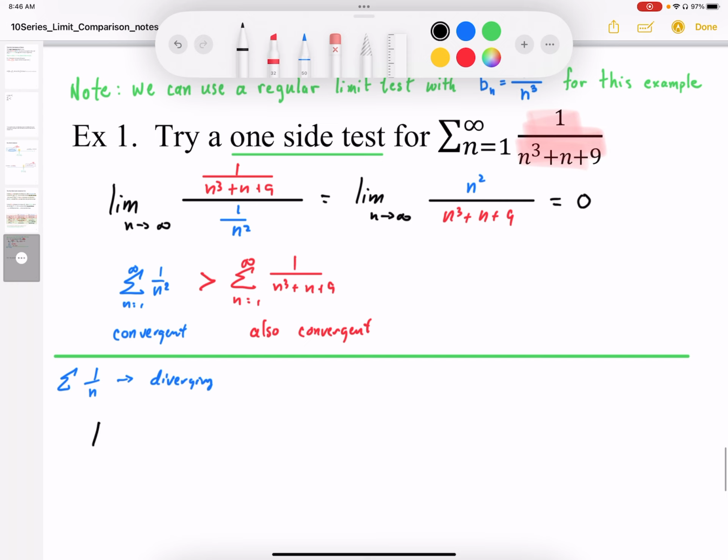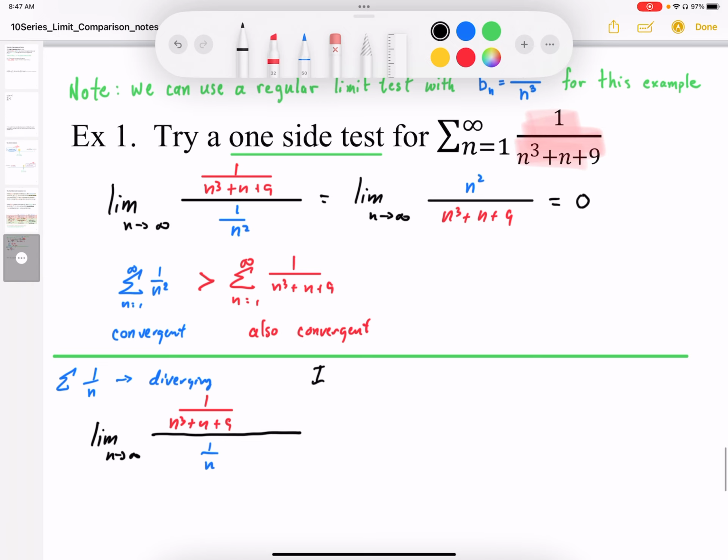So we're going to set up our limit test. We're going to set up the limit as n approaches infinity, and we're going to set this up as 1 over n cubed plus n plus 9 over 1 over n. And this is going to be an inconclusive result. So this is an example of an inconclusive.